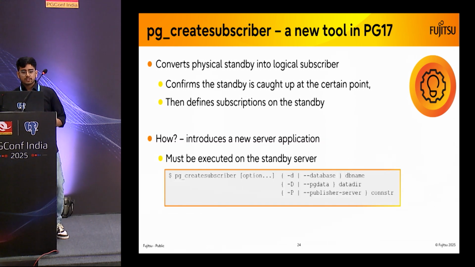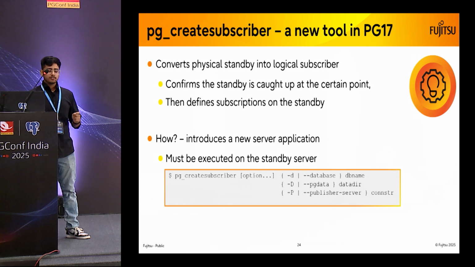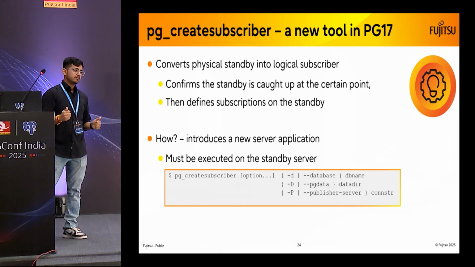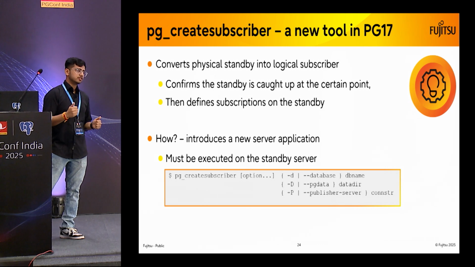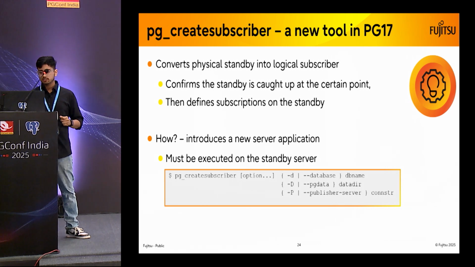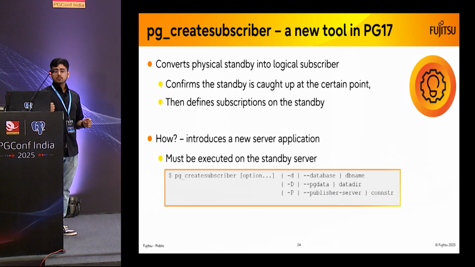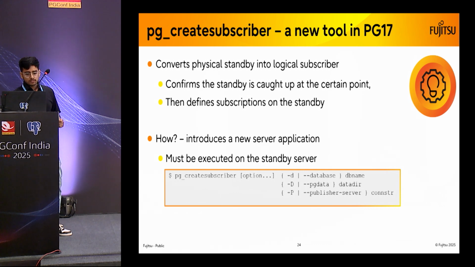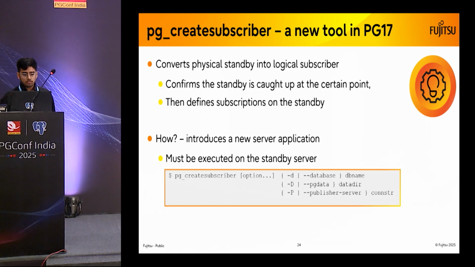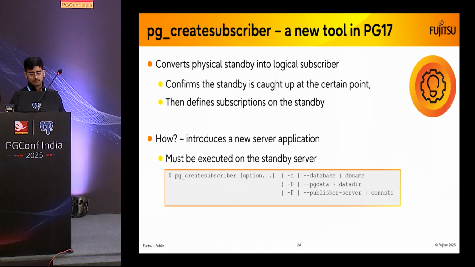Basically, we can say that pg_createsubscriber is used to convert a streaming replication cluster to a logical replication cluster. This is run on the standby node. This is the format for writing the pg_createsubscriber command.